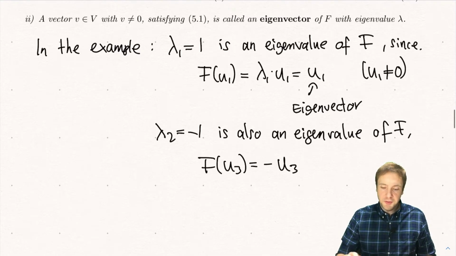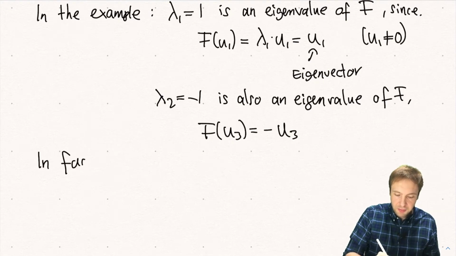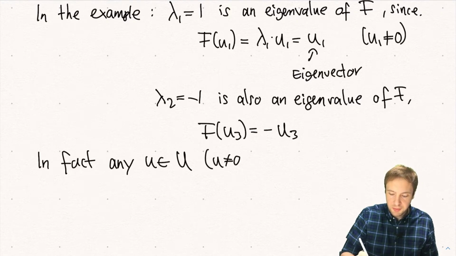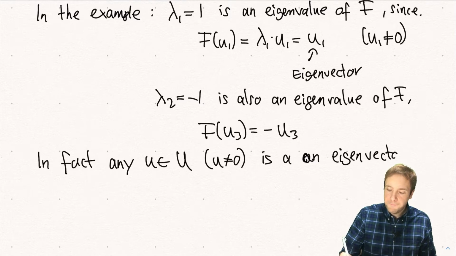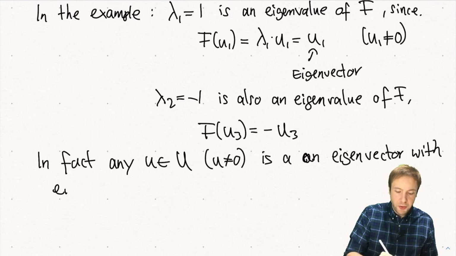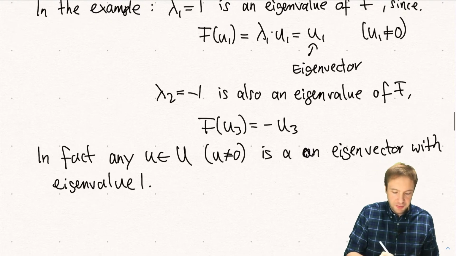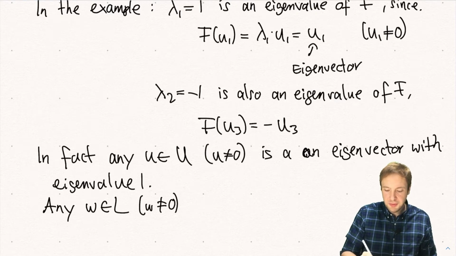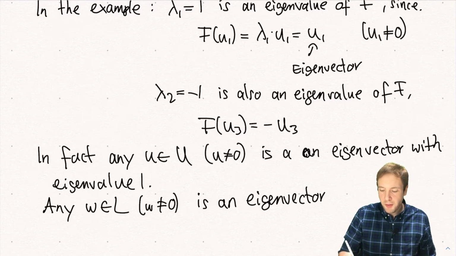Okay, and also notice that every vector in the subspace U, so in fact any vector in the subspace U, except for the 0 vector, is an eigenvector with eigenvalue 1, and also any w in this L, if w is not 0, is an eigenvector with eigenvalue -1.